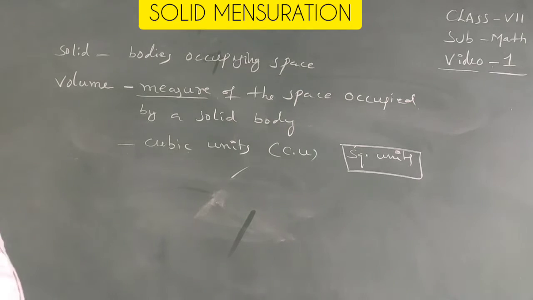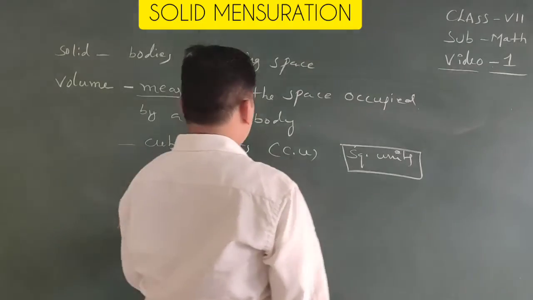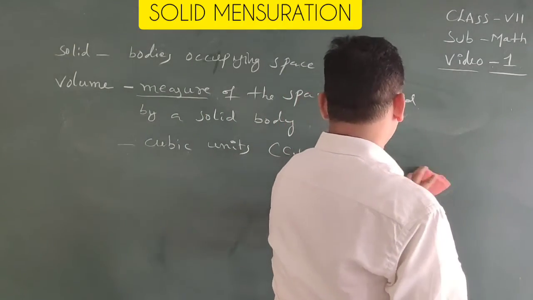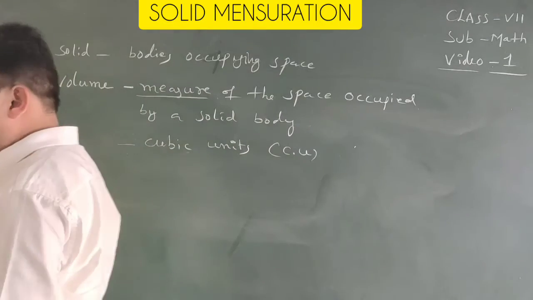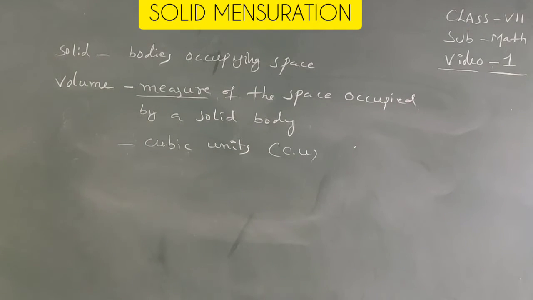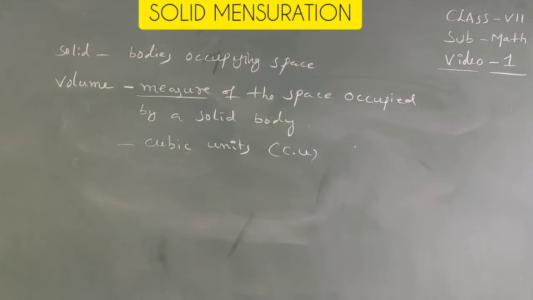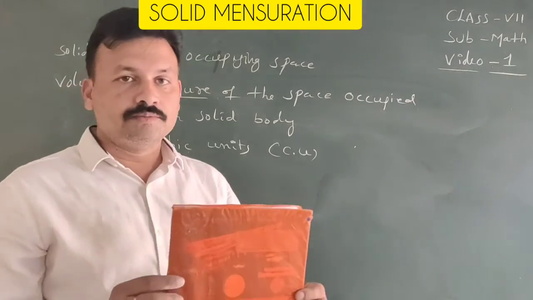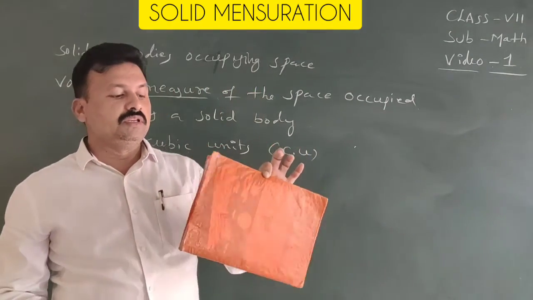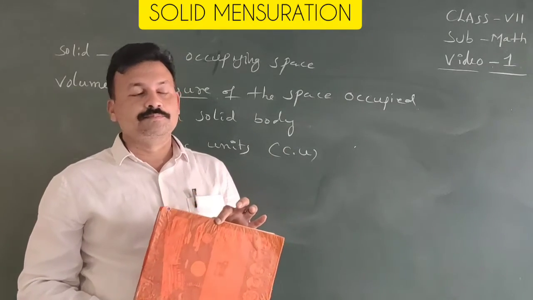Here, if you observe, we also have different areas. First of all, parts of a given solid. How many parts does it have? If you observe the first 3-dimensional figure, cuboid, for example, a book. If you observe this book, it has 3 dimensions.